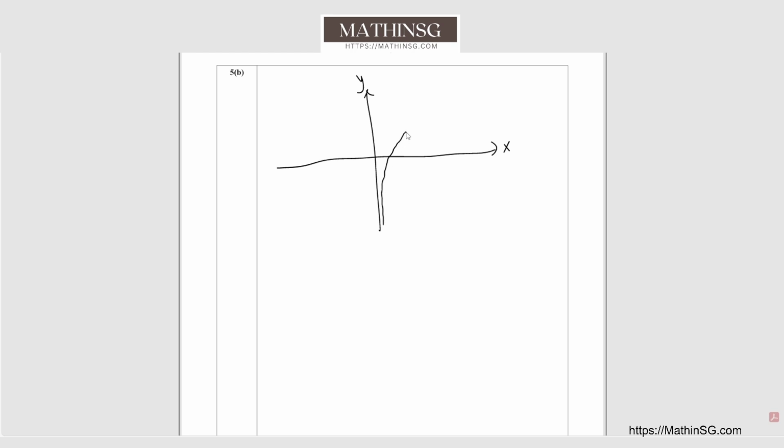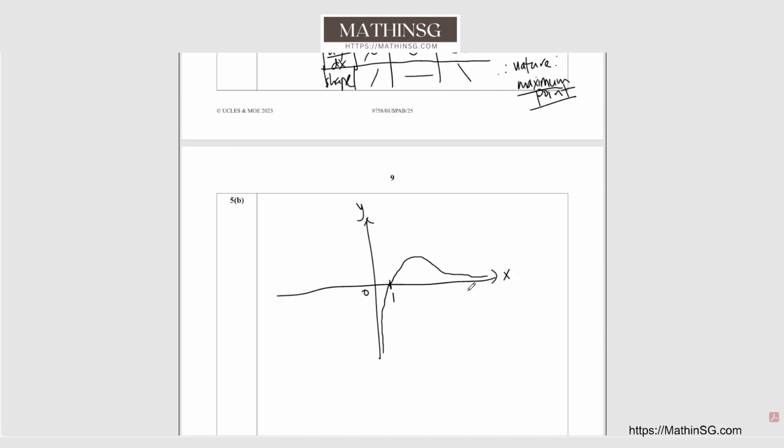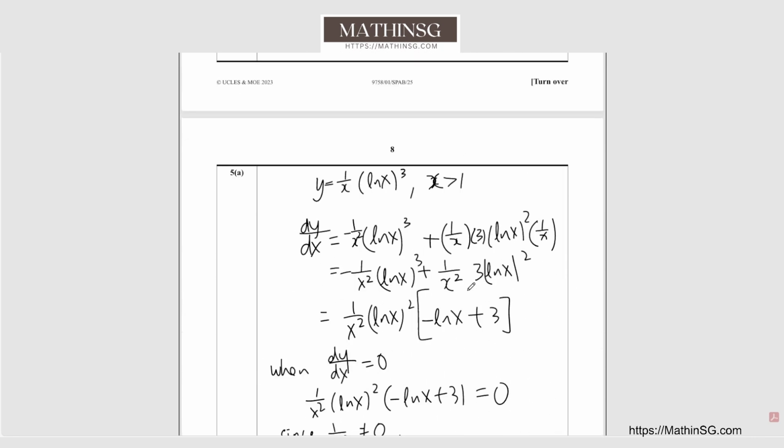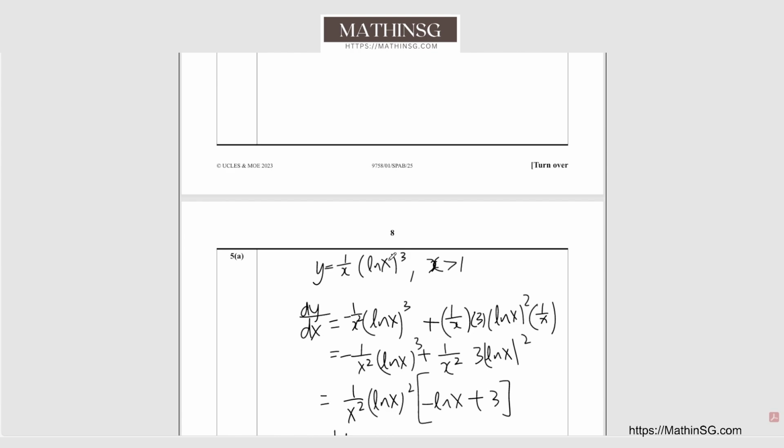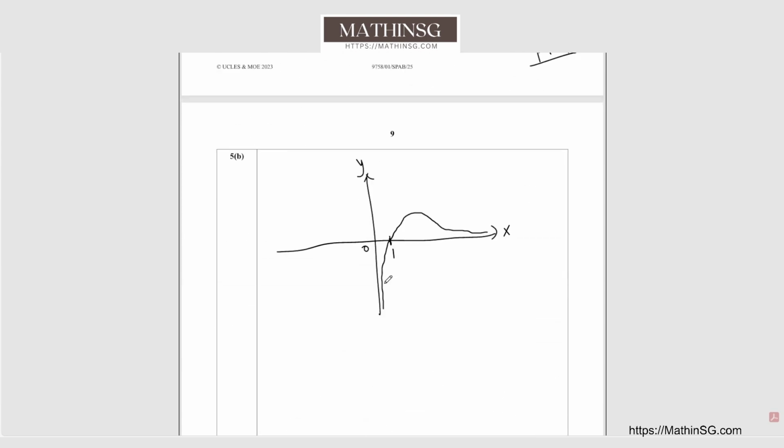I couldn't really see the maximum point, but based on the shape, it should look something like this. We know that this is when x equals 1. When x is 1, ln x is 0, so if you sub in x equals 1 here, your y is 0. So this one is 1. Then in the previous part, we have already found this is e cubed.